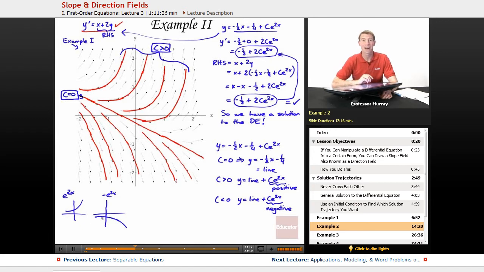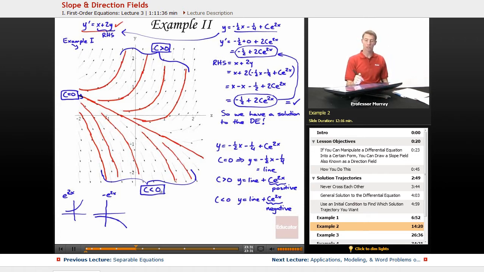So I'm taking that line and I'm adding on a term that's sharply downhill, and that's how you get these negatively curved solution trajectories down here below that line. So all of these solution trajectories down here correspond to negative values of the constant in the general solution to the differential equation.